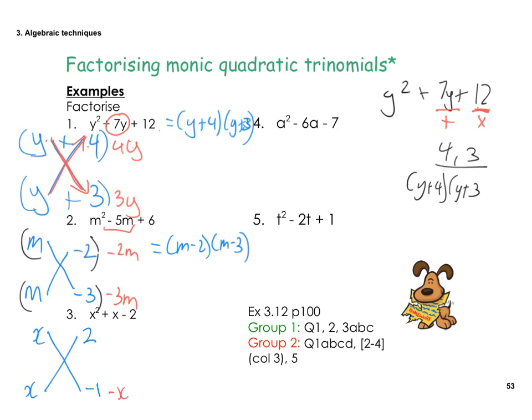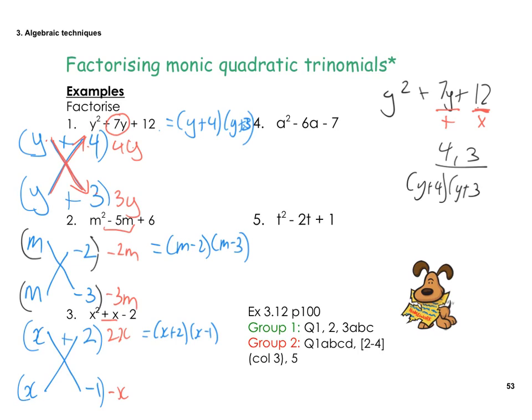X times 2 is 2x. 2x minus x is x. So these are my answers. And a useful point to realize as well is that if the last one is minus, only one of these is minus. Looking at question 2, if the last one is plus, both of these are minus, or both of them are plus. Because remember, plus plus is plus, minus minus is also plus.